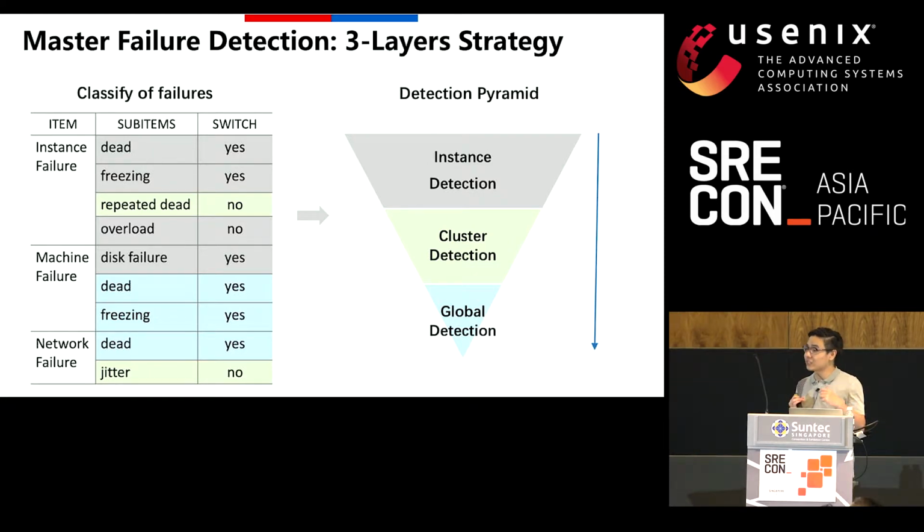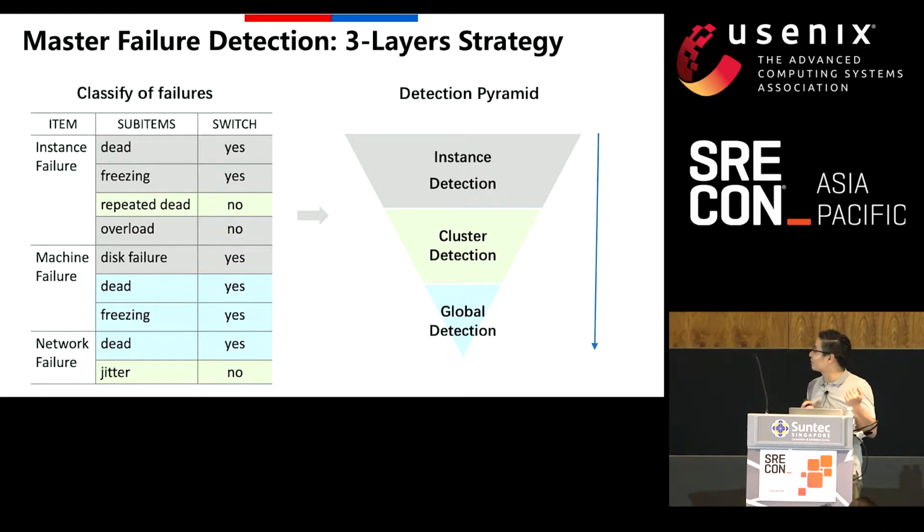When the instance detection judges the master is down, or the agent doesn't report the status to the leader, for example, when the machine is dead or freezing, we go into the cluster detection. The leader will request the other slaves to return the replication information to judge the master status.